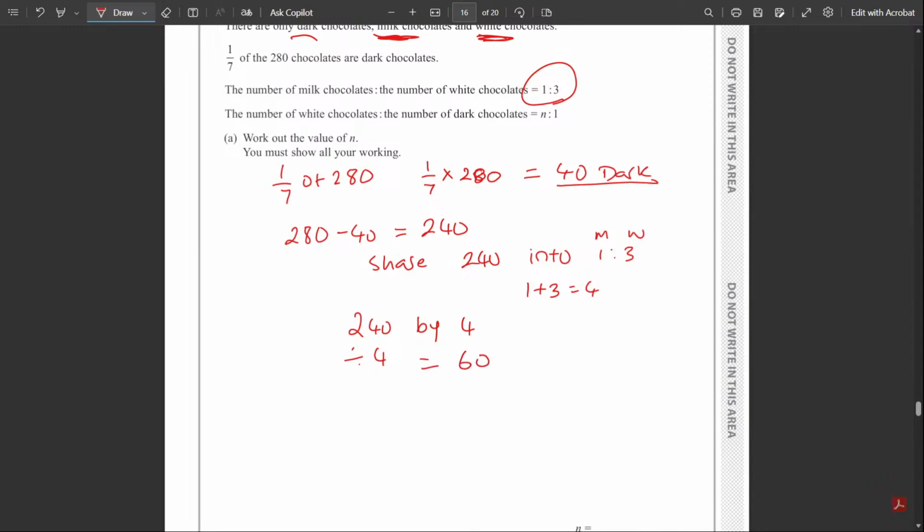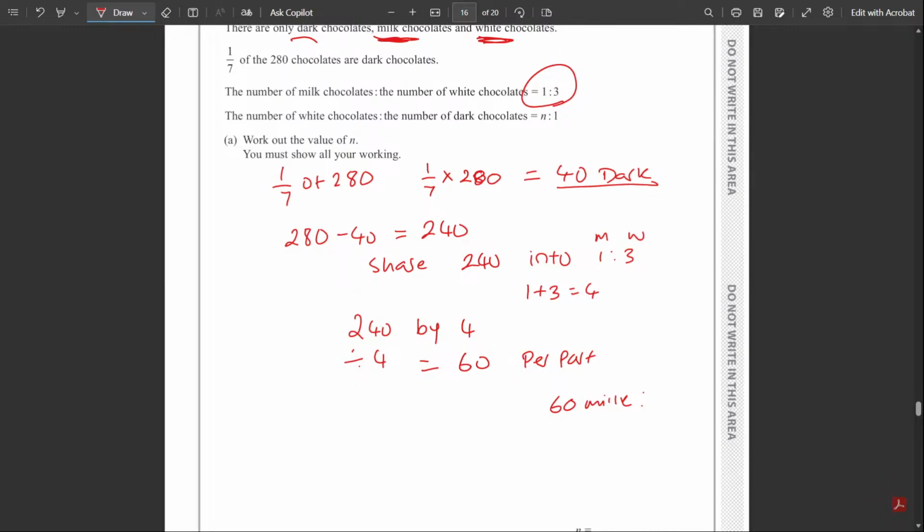So one part is 60. Milk is one part, so there are 60 milk, and white is 3 parts, so 180 white. So we now know exactly how many chocolates each one of those are: 40 dark, 60 milk, and 180 white.